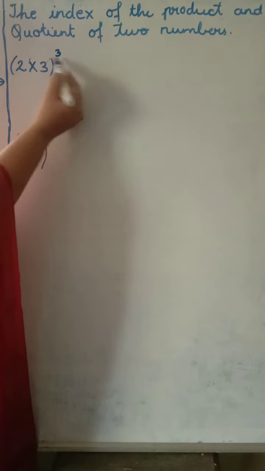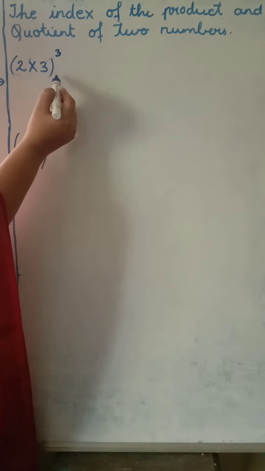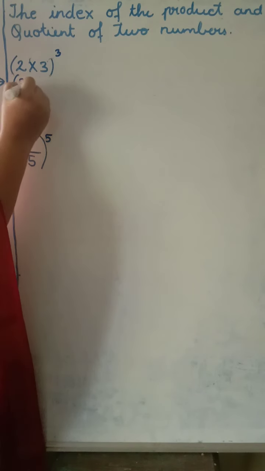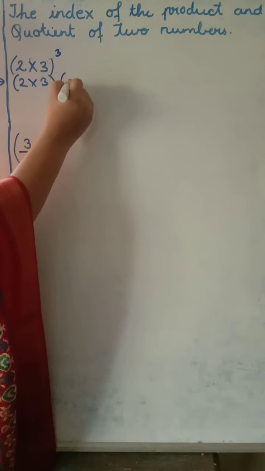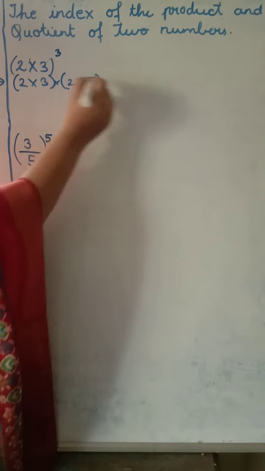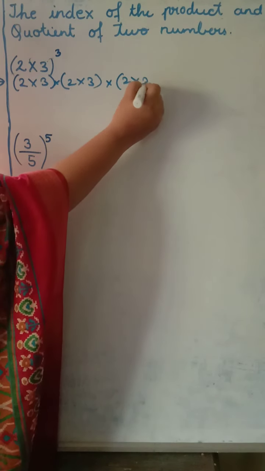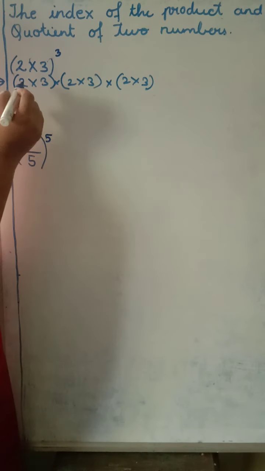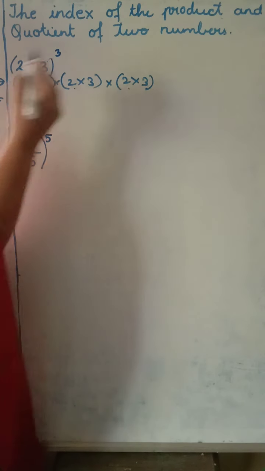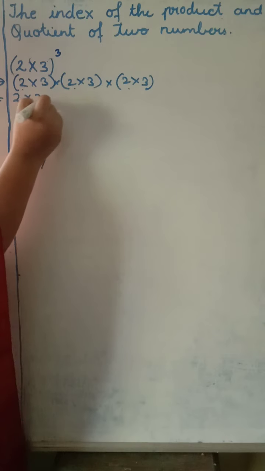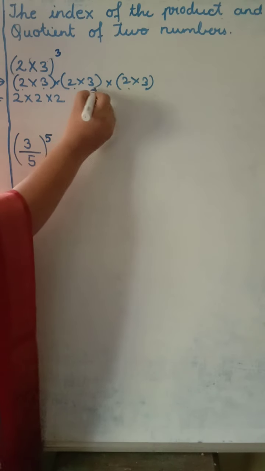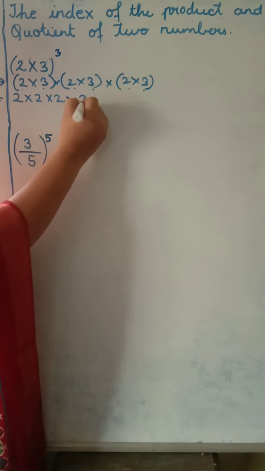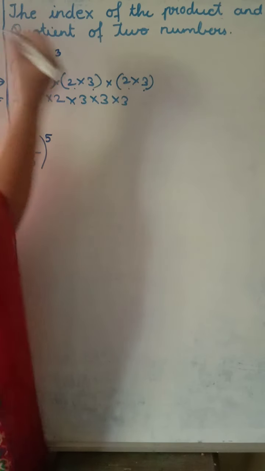This 3 tells us that this bracket is there 3 times. So 2 into 3 multiplied by 2 into 3, multiplied by 2 into 3. In total we have 2 three times, so we'll write 2 into 2 into 2. And 3 is also 3 times, 3 into 3 into 3.